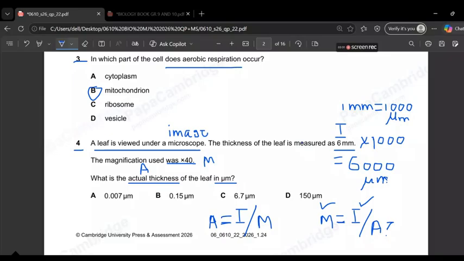So you just need to put the values and you'll be getting answers. Already you converted millimeter into micrometer. It means when you will have the answer, it should come in micrometer. So just put the values. 6,000 divided by 40. So of course, you are getting 150, which is D, and your answer is D in question number 4.